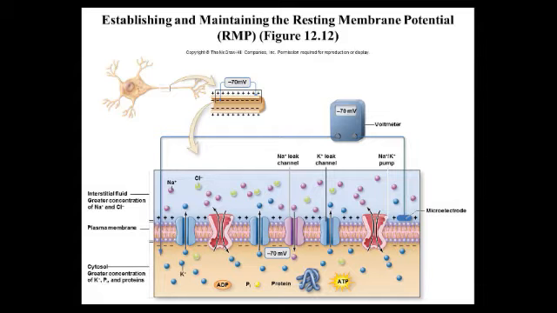Did the signal stay the same, or did it get weaker the farther from that point of initiation? It gets weaker the farther you go. And we're opening chemically gated channels, correct?